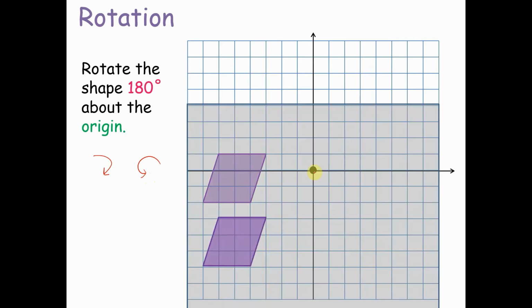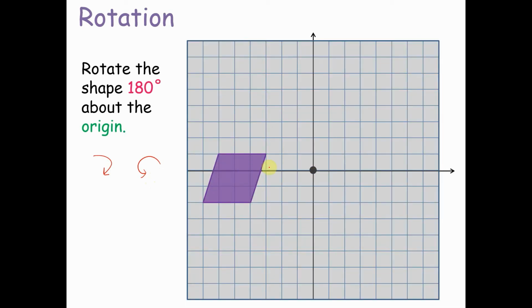So let's trace it. Now, I told you that we know that we have turned it 90 degrees when a horizontal line, for example this one, will become a vertical line. Okay, that is 90 degrees. At 180 degrees, first it will become vertical and then horizontal again.